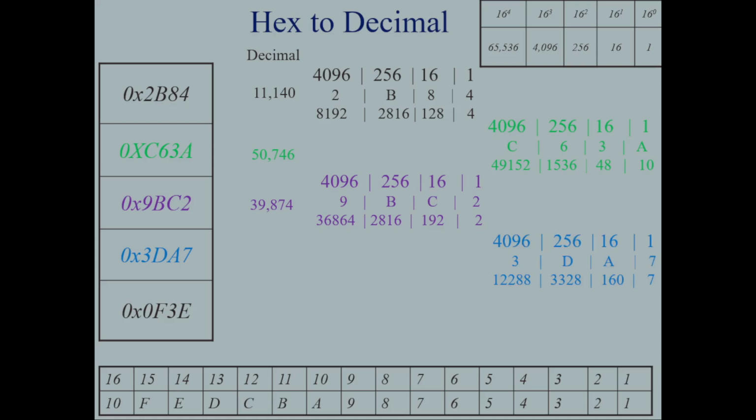Then we've got the next one here, converting it to a decimal. Each nibble is converted to a decimal. Add those numbers up, and we got 15,783. And then the last one, if you add up all those, the answer is 3,902. All right?